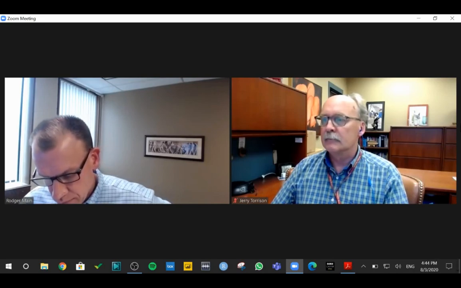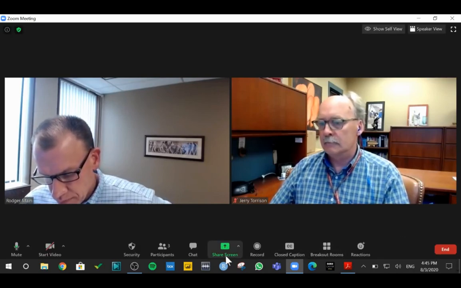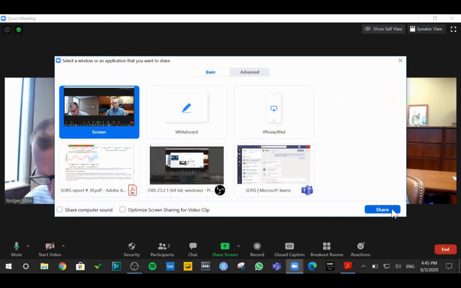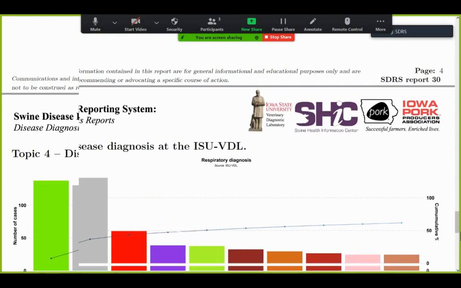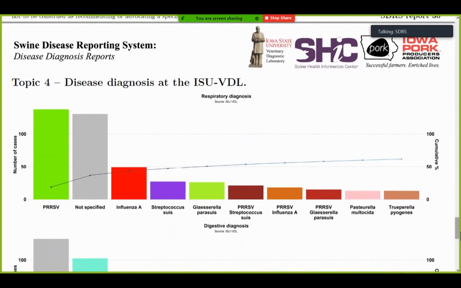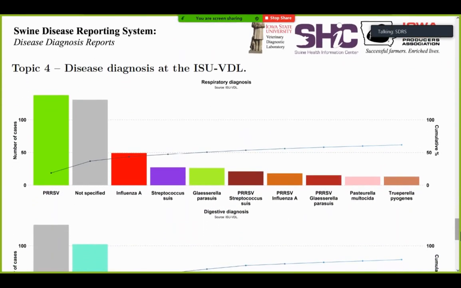To really talk about disease, that's another good transition here. The last page of the report is a pilot program working with data from Iowa State VDL and their diagnosticians, who use diagnostic codes, and that's the page we call the disease diagnosis reports.